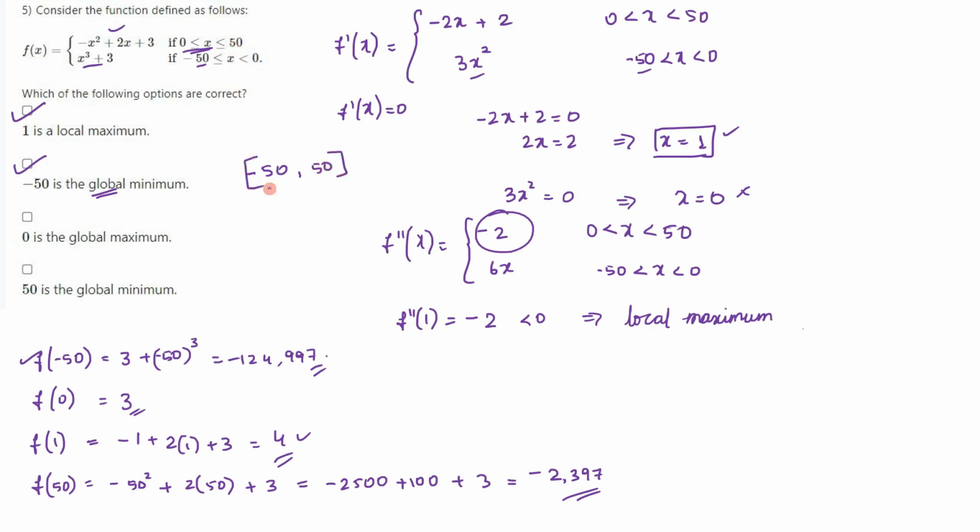In this given interval, for minus 50, f of x value will be the least one. That is what we have found out. Okay, now what is f of 0? F of 0 is 3, but we have another value which is greater than 3, right? So this is not the global maximum. What about 50? 50 is also not the global minimum. Okay, the option 1 and 2 is the right one.